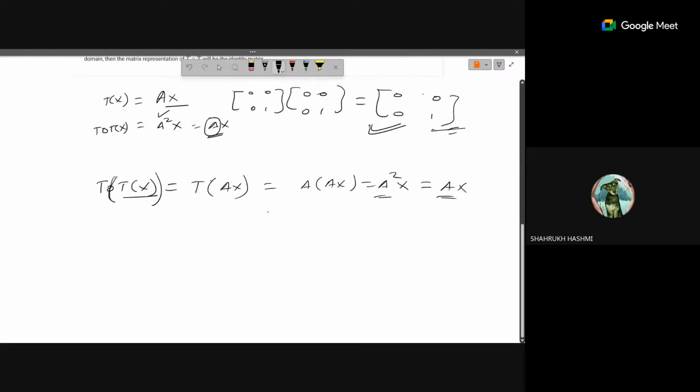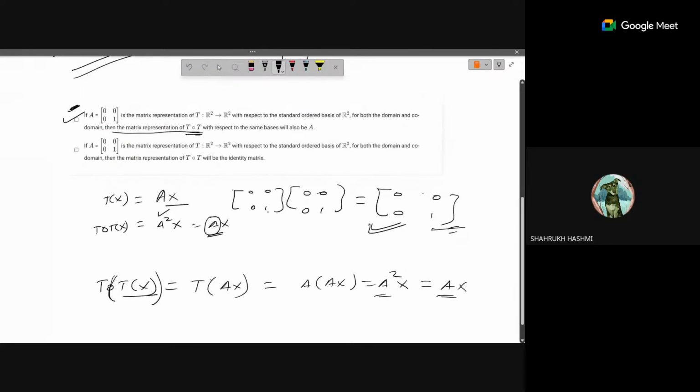Can we look at it in another way? Like it is given that A is a matrix representation for this transformation with respect to the standard ordered basis of R2.